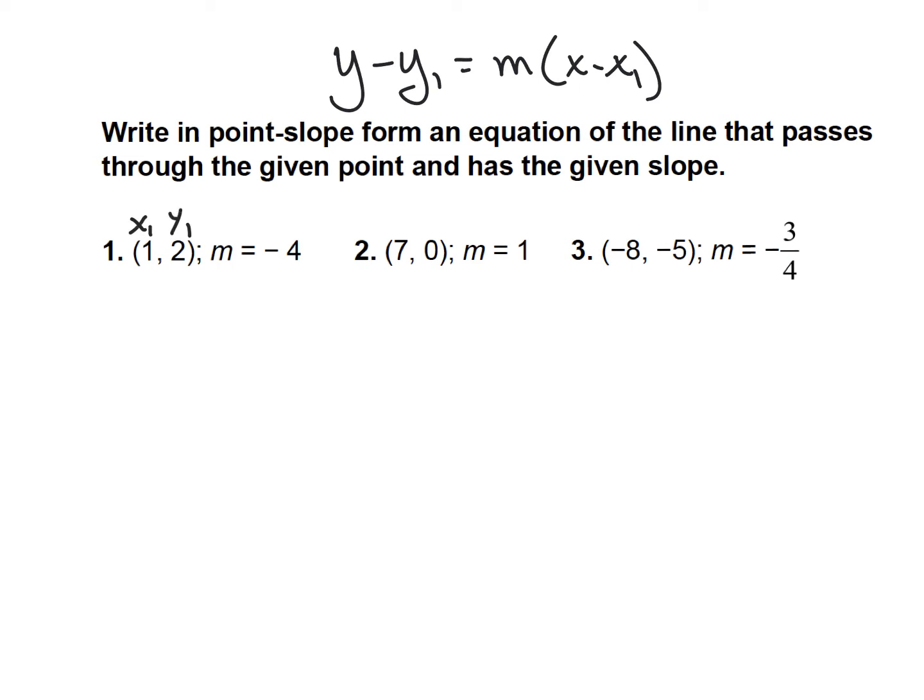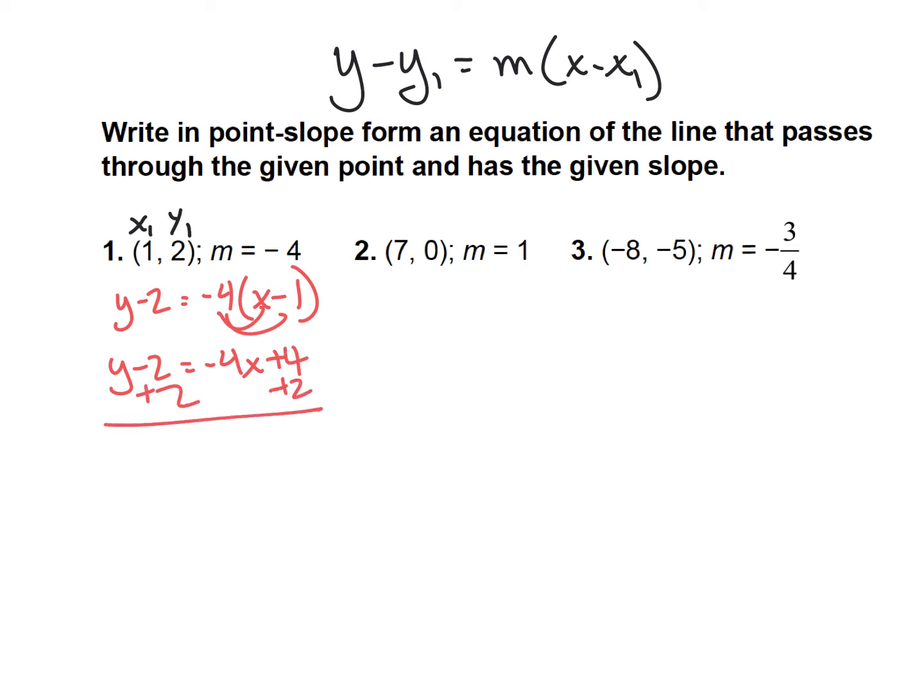So I'm going to do y minus 2 equals a negative 4 times x minus 1. I'm going to do the distributive property. So negative 4x, and a negative 4 and a negative 1 is a positive 4. And then I'm going to add 2. So I get y equals negative 4x plus 6.